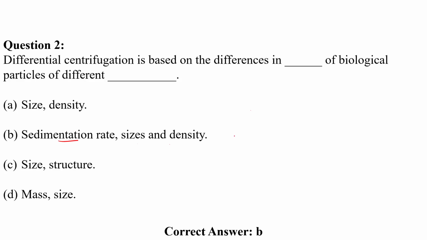Okay, but in this case, size and density both will matter for a particle, and the principle behind the centrifugation remains the same. Any kind of centrifugation, the principle is sedimentation rate. Okay, the separation, centrifugation, will always depend on the sedimentation rate of a particle.